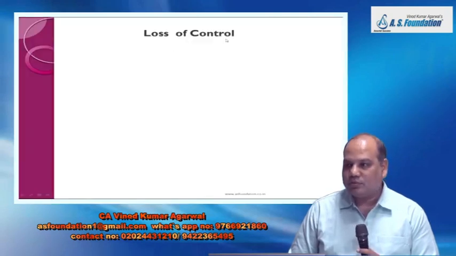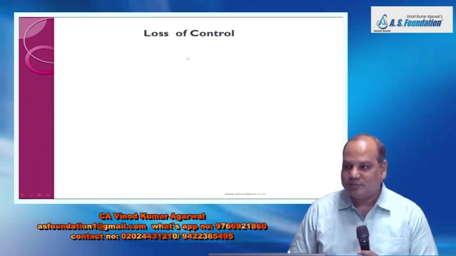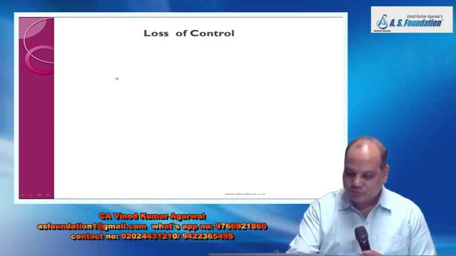Loss of control. What do you mean by loss of control? So the parent is no longer a parent. The subsidiary is no longer a subsidiary. Now that loss of control may result in different situations.